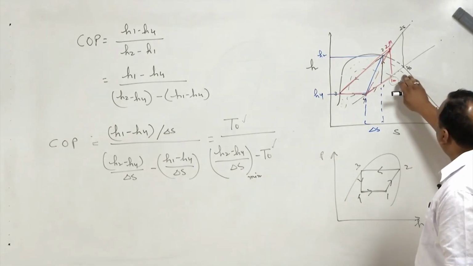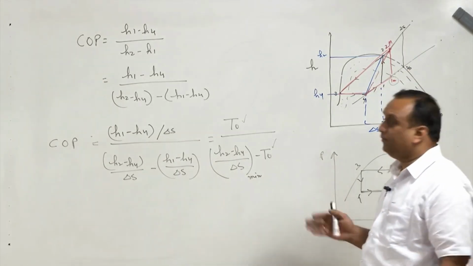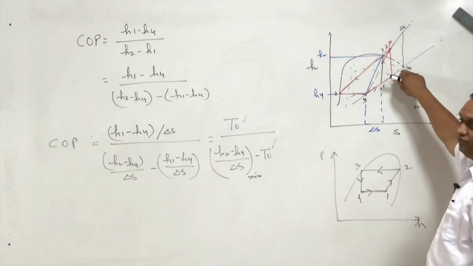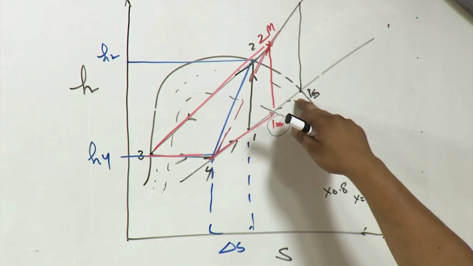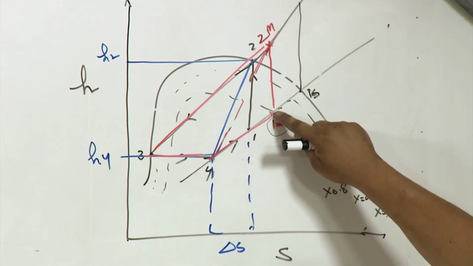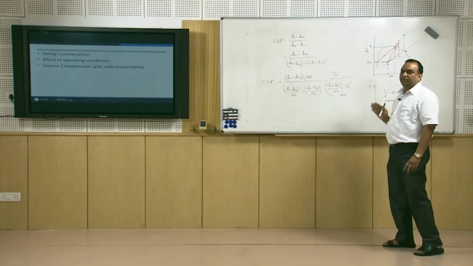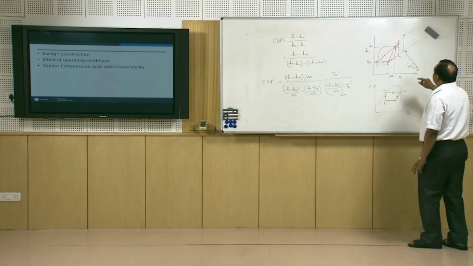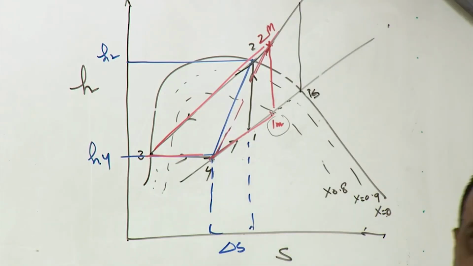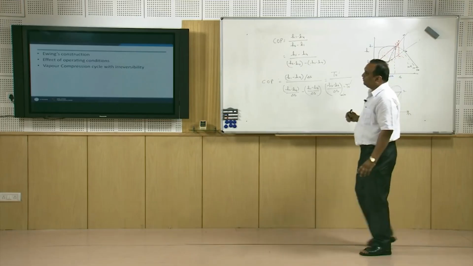In some refrigerants, it is in the superheated region like R134A, but the Ewing construction has a limitation, it is valid up to the saturation state. So, if we look at R134A, we will find as we are going from this point to this point, the COP of the cycle is increasing, because for R134A the maximum COP is attained when the vapor is slightly superheated. So, I am not covering that process here.